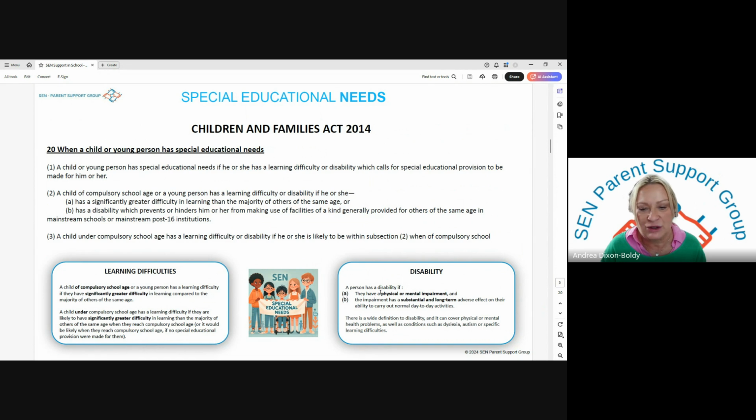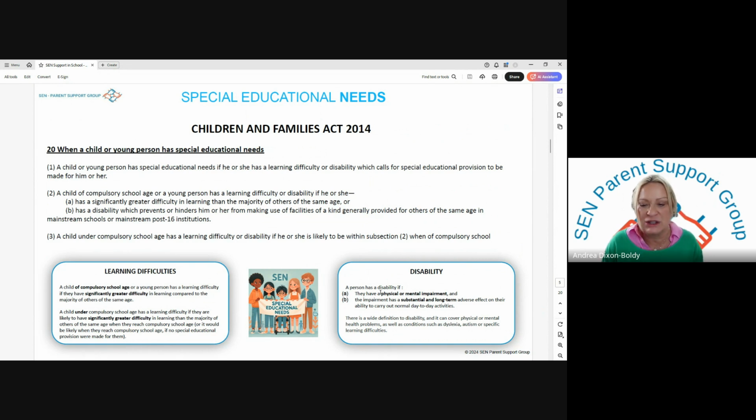Disability: the definition is that a person has a disability if they have a physical or mental impairment and the impairment has a substantial and long-term adverse effect on their ability to carry out normal day-to-day activities under the Children and Families Act.